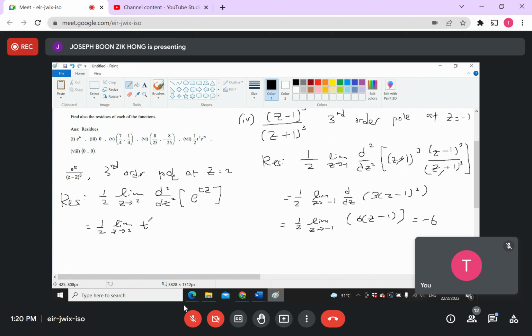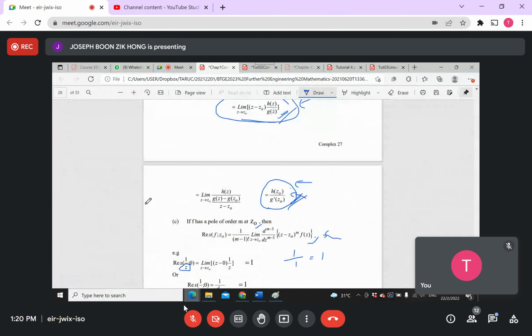So when you put 2 inside, you will have 1 over 2 t square e^(2t). Okay, try to have a look. If okay, proceed to number 9.